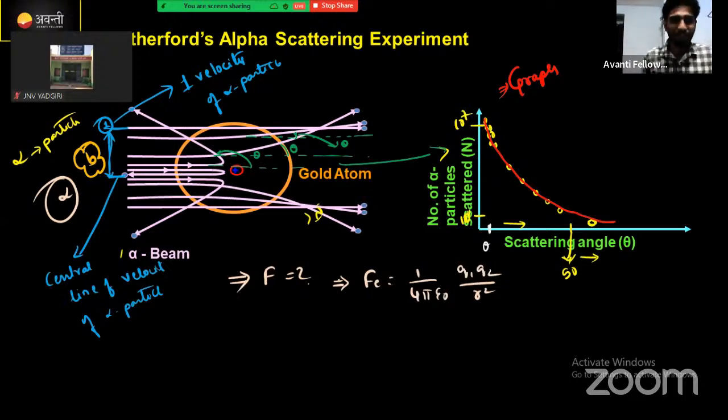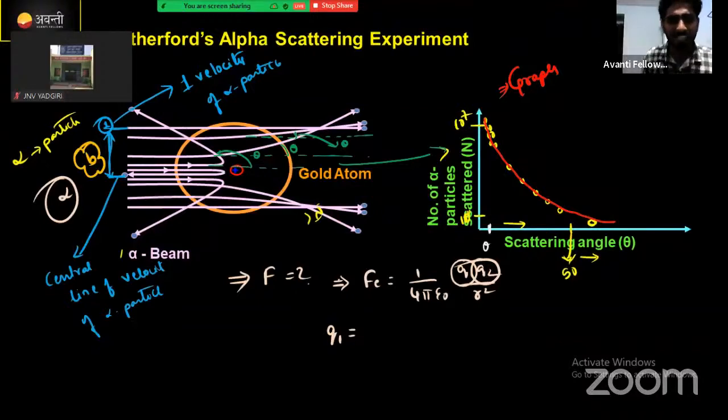Yes, of course. Here charges are there, no? Q1 and Q2. We need to replace these two charges by the alpha particle charge and the gold nucleus charge. Clear hai na meri baat? And in that Q1 means here the charge of the alpha particle.